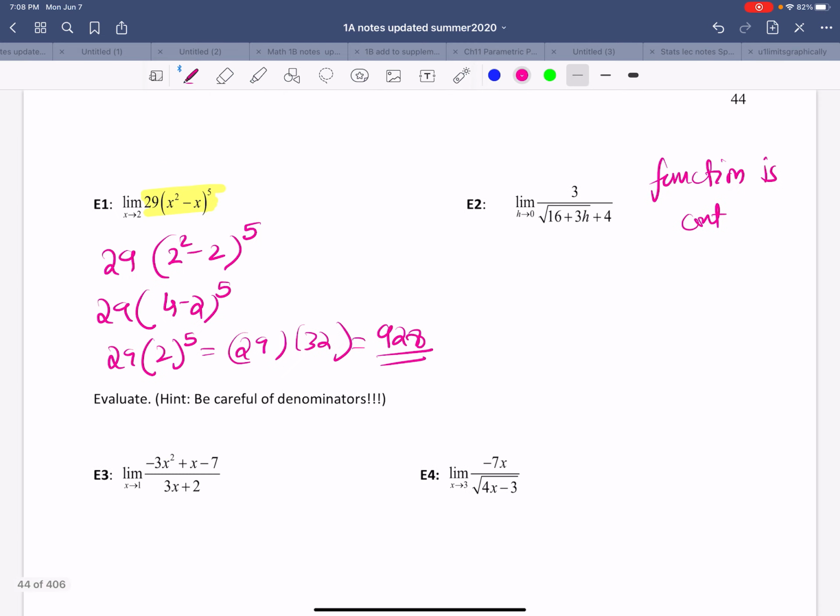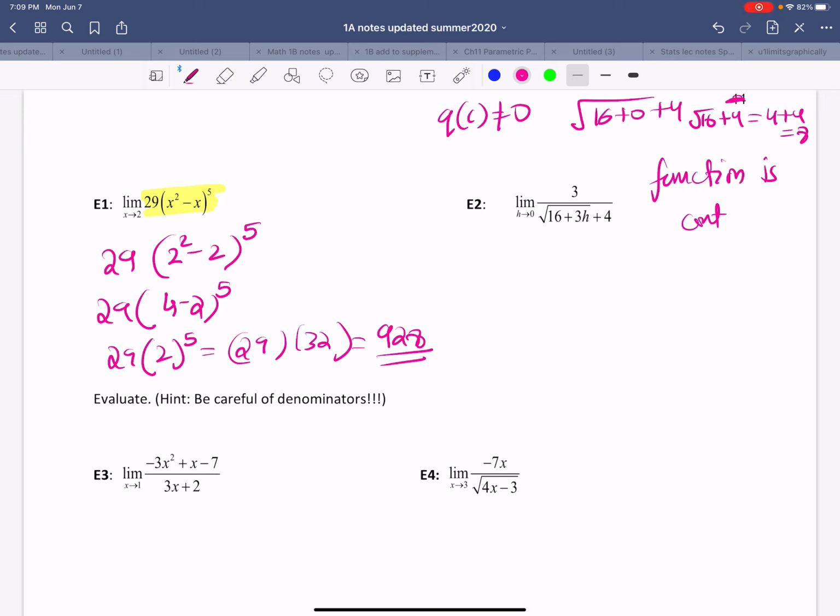In this case, q of c, which is the denominator, is not equal to 0, because if I replace h by 0, I would be getting the square root of 16 plus 0, plus 4, which is the square root of 16 plus 4, which is 4 plus 4, which is 8. So my denominator turns out to be 8. It's not equal to 0.